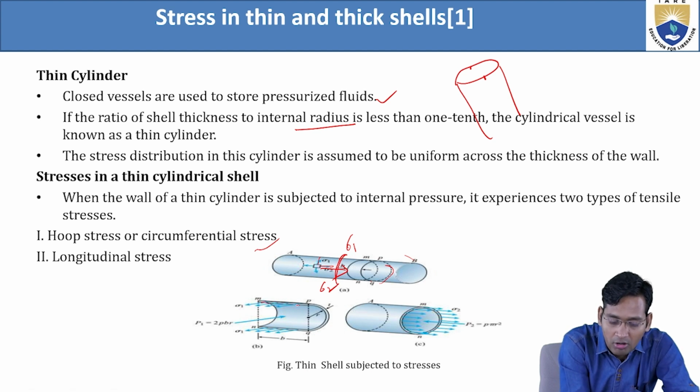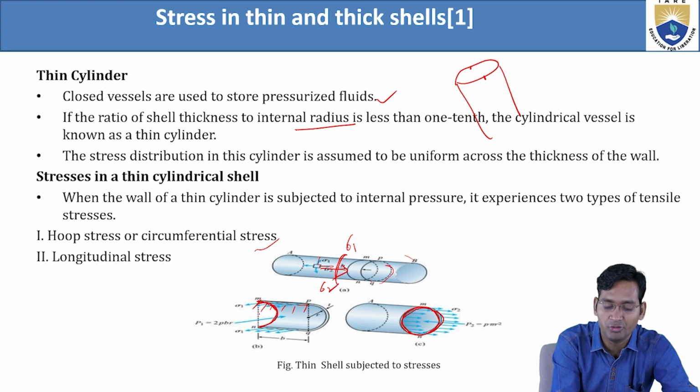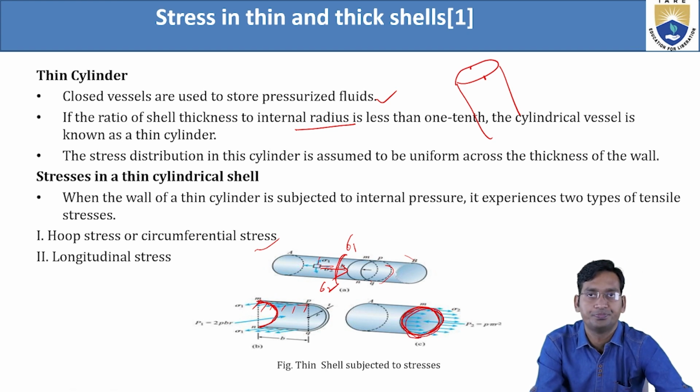Sigma 1 acts along this, and sigma 2 acts along this one. In the closed loop here is sigma 2. Because this is a cut part, hoop stress will not act here, but this one is the closed one, so that will act.